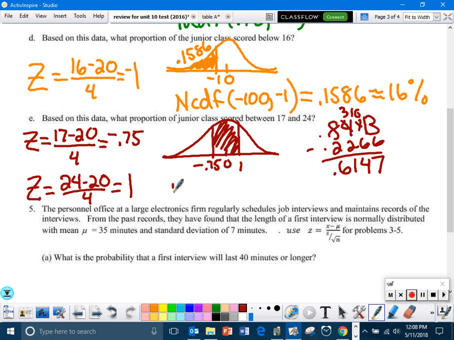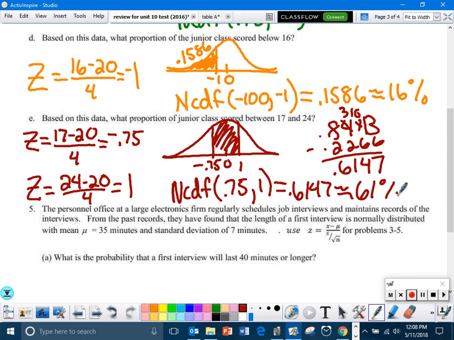If I use the calculator and CDF, I will get the same thing, which is about 61%. So about 61% of the juniors scored between a 17 and a 24. All right, moving on.